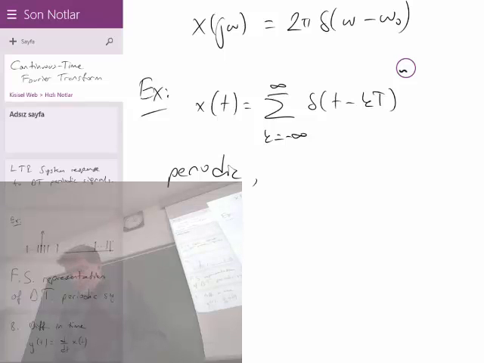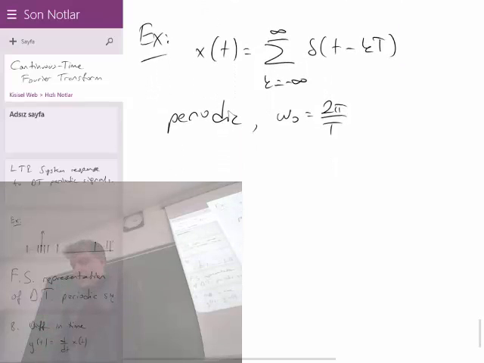With omega 0 equal to 2 pi over capital T, that is the fundamental frequency, and therefore from periodicity we have the Fourier series coefficients, a_k. Although we found the Fourier series coefficients before in our notes, I'm going to repeat it here.